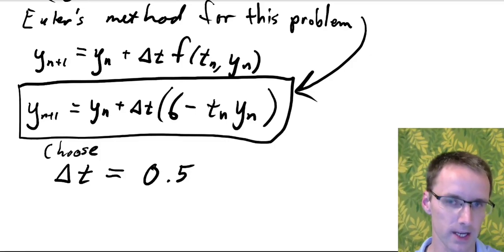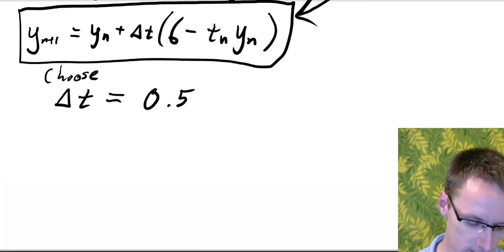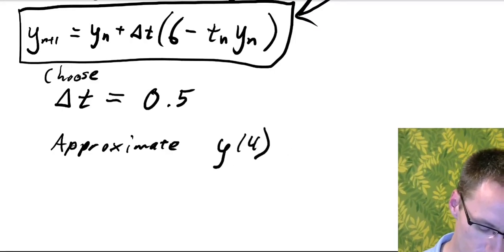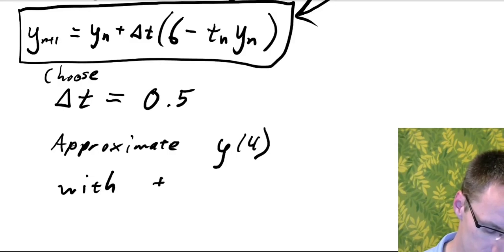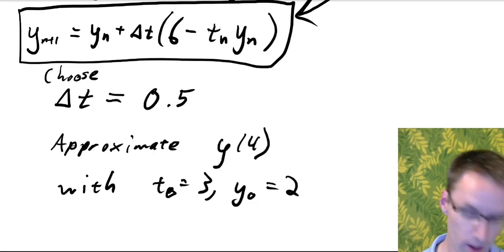But for this application, we're just trying to get our hands dirty with some calculations and see how it works. So we'll choose delta t to be this, and again, we're going to approximate y at time 4, with our initial time being 3, and y of 3 being 2. Okay, so let's see how that works.